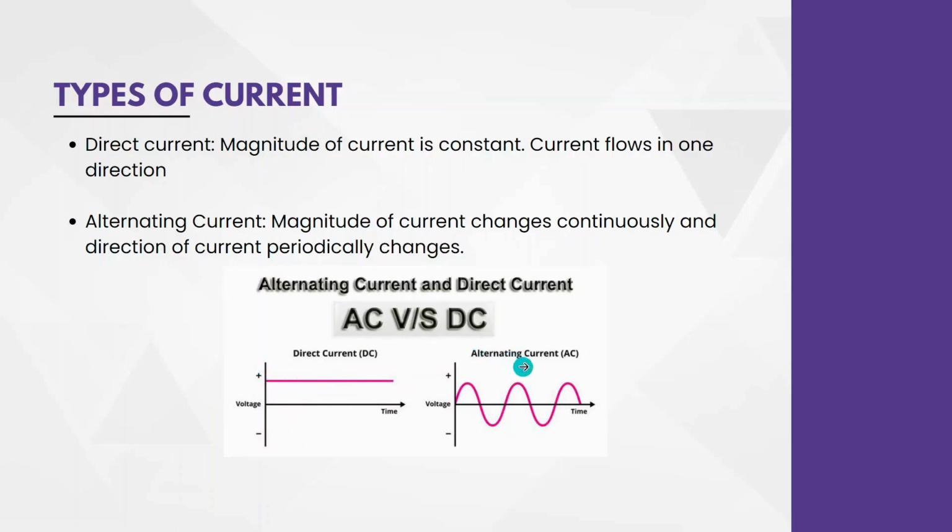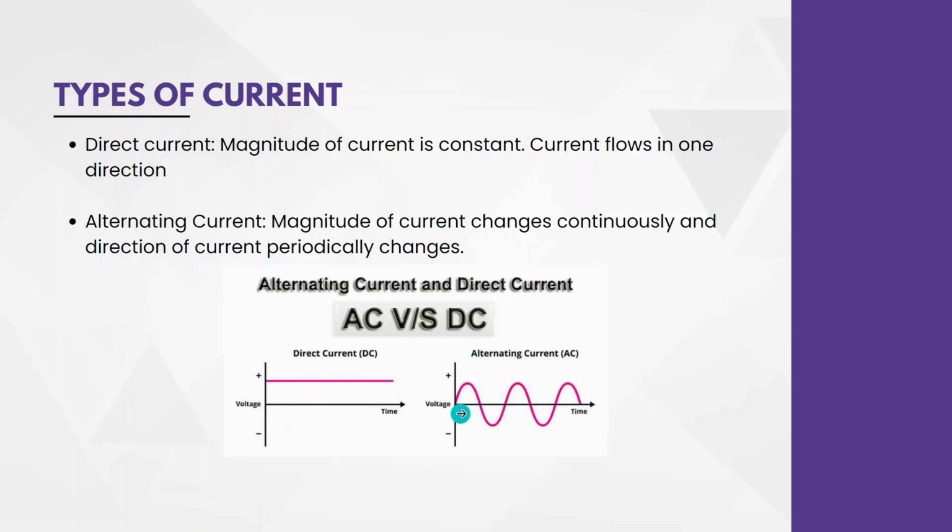Whereas in an alternating current, the direction will change, it will alternate. For example, here it is positive and for the next period it is negative. So for defined periods of time, the alternating current will have an alternating direction and its magnitude will change at every instant of time.